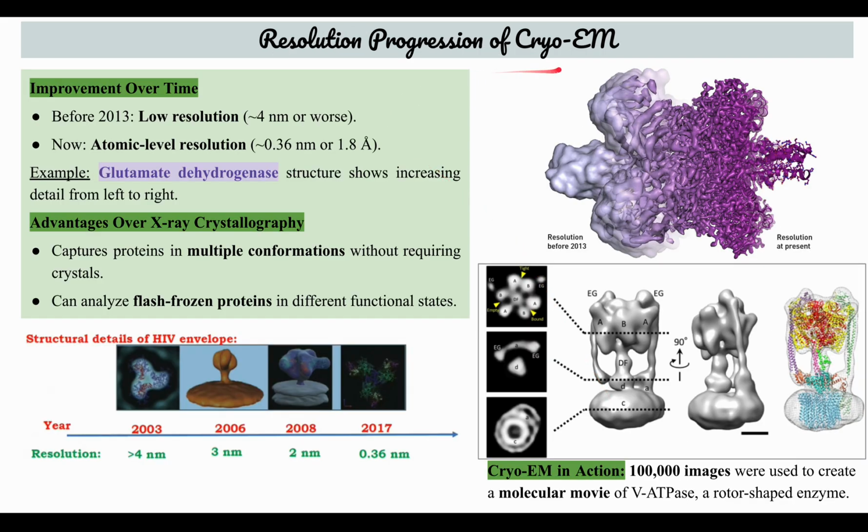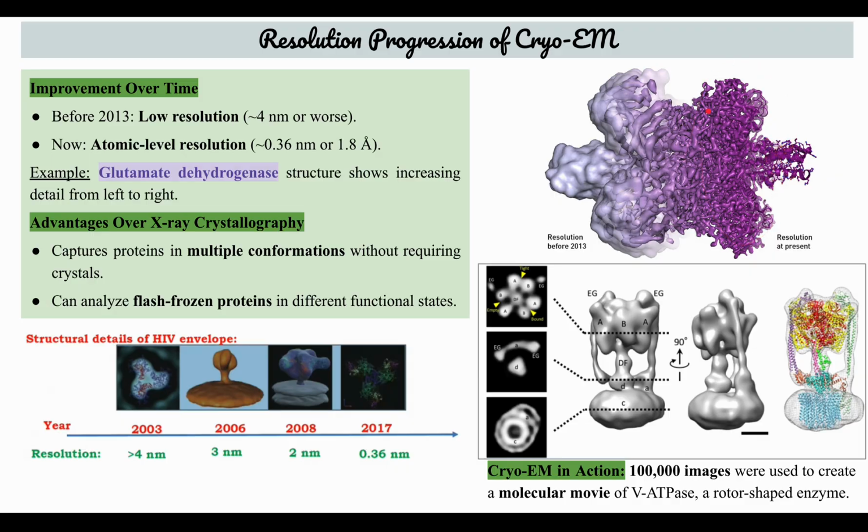And if we see the progression of cryo-EM, its resolution has improved throughout the years. Before 2013, the images were of low resolution, about 4 nanometers or even worse. But now we can go for atomic level resolution, which is about 0.36 nanometers or 1.8 angstroms. In this example, you can see a glutamate dehydrogenase structure, which shows the resolution before 2013, and now the resolution is very high, which means the structure gets well resolved.